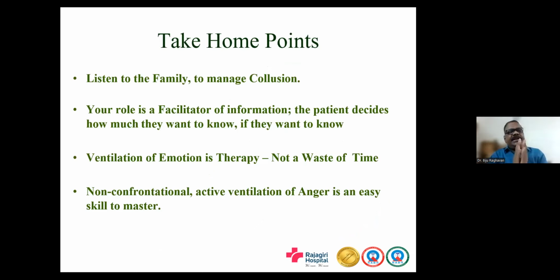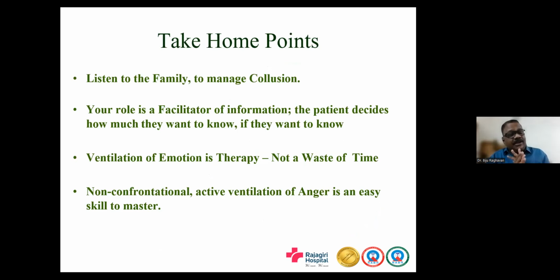The last slide, take home points. When it comes to collusion, listen to the family to manage collusion. You have to earn the trust of the family, and then they will start listening to you. So conversion is very difficult. Among the three things that we talked about today, collusion is perhaps the most difficult communication skill that one can master.